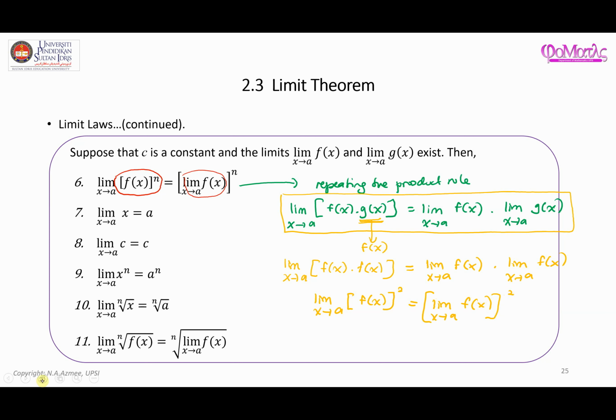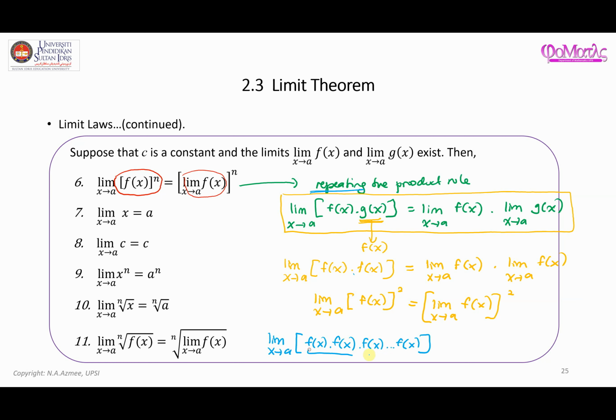Now let's see what happens if you extend this idea such that we have repeating values of f(x). So let's say we have limit x approaches a and we have f(x) times f(x) times f(x), and we do it for n times.